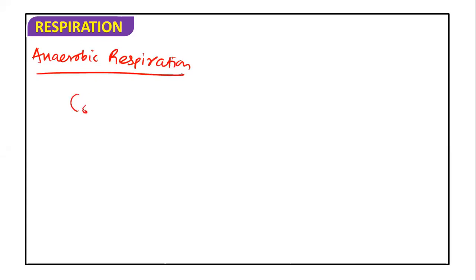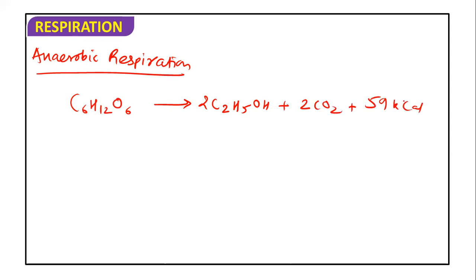If we talk about anaerobic respiration, C6H12O6 gets converted into C2H5OH, that is alcohol, along with 2CO2 and 59 kilocalorie energy.